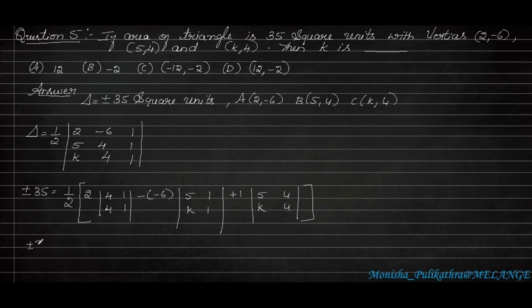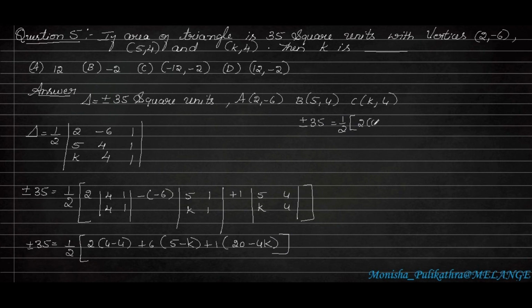So plus or minus 35 is equal to half. So here 2 into 4 ones are 4, 4 ones are 4. It will be 4 minus 4. Minus into minus is plus 6. Here it will be 5 minus k. Next is plus 1. 5 4s are 20 minus 4k. So here plus or minus 35 is equal to half into.